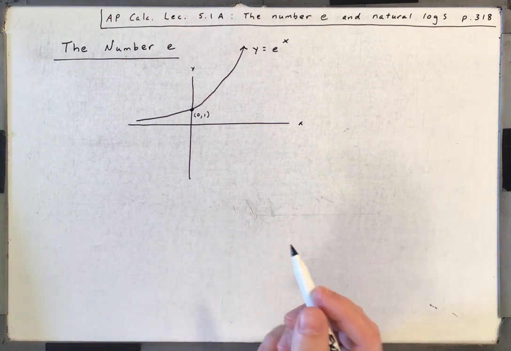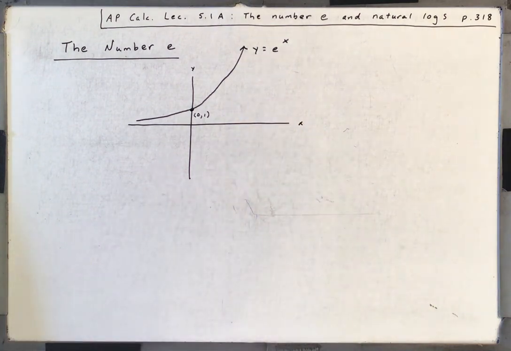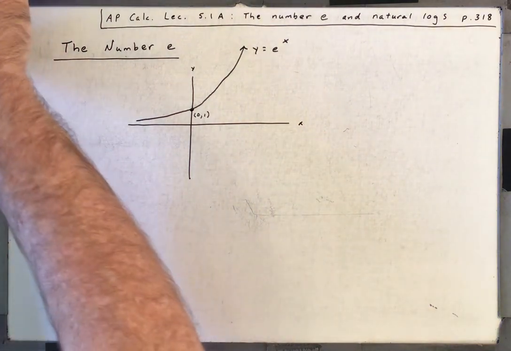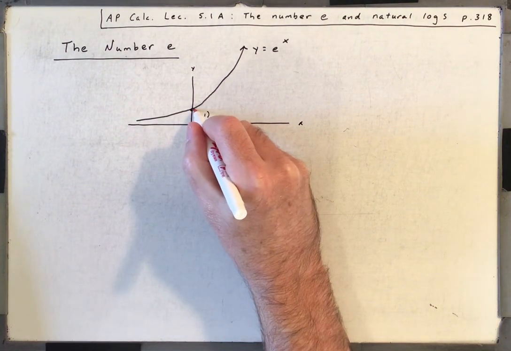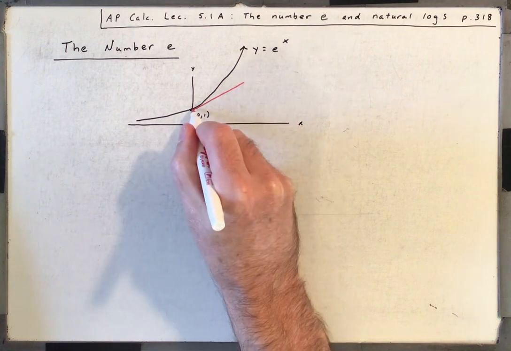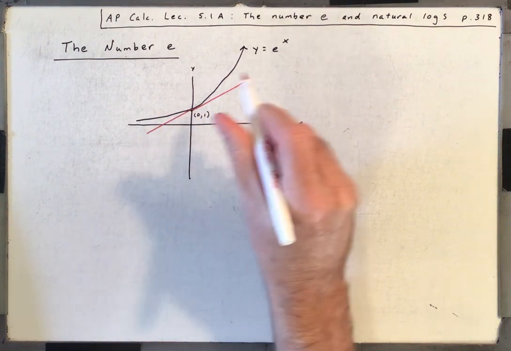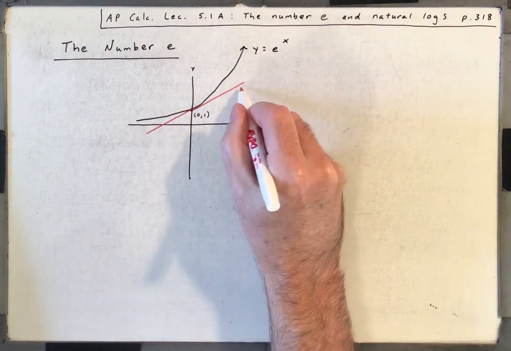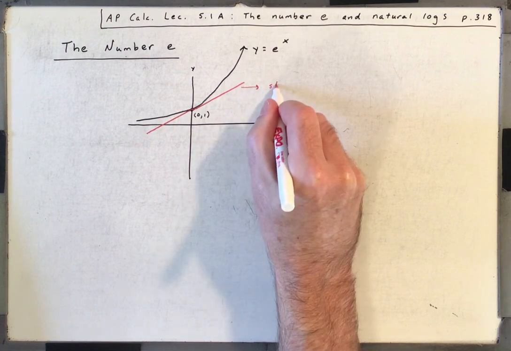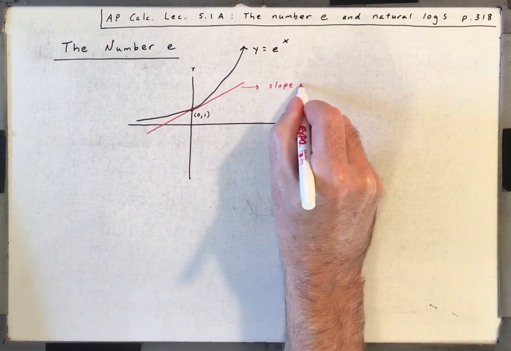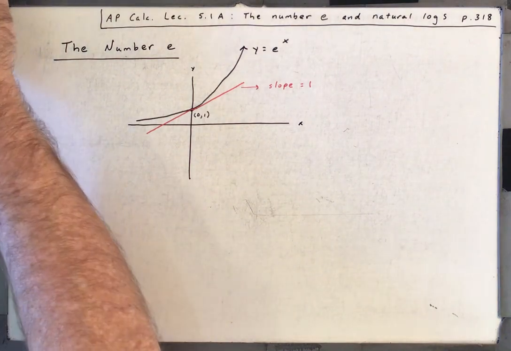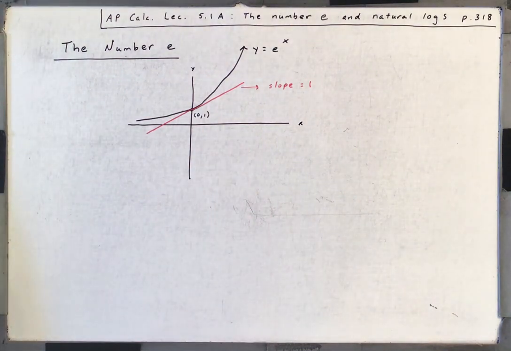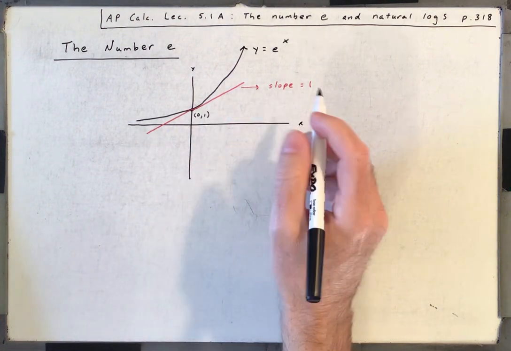And where that number e comes from is that where it crosses the y-axis, the slope of the tangent line at that point is equal to 1. What I drew was a little shallower than 1, but just pretend I drew it at a 45-degree angle there.